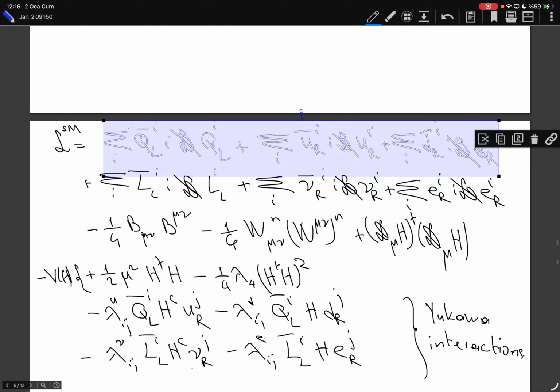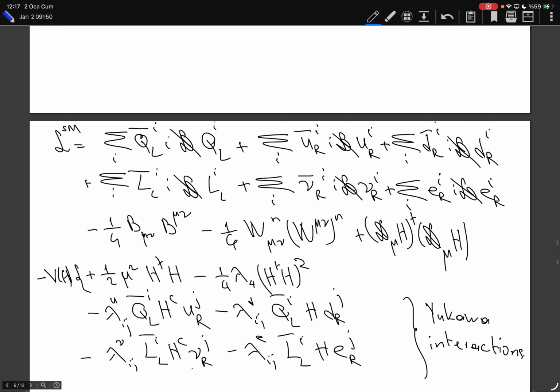The kinetic terms appearing here were diagonal in the original basis. When I combine my fields by defining these primed fields, the form stays exactly the same. It doesn't change. The kinetic terms are still diagonal.